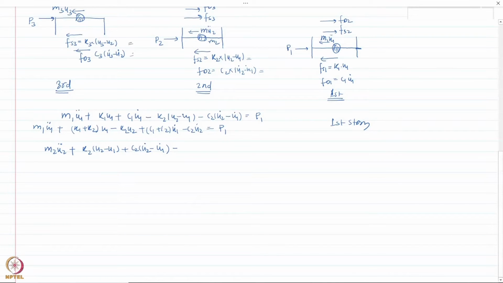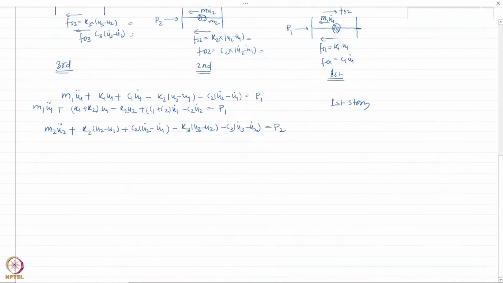So let me just write that: k3 times u3 minus u2, minus c3 times u3 dot minus u2 dot, and this is equal to the applied force p2.